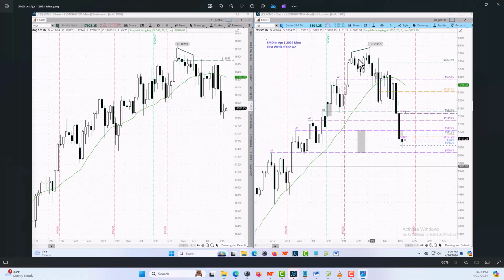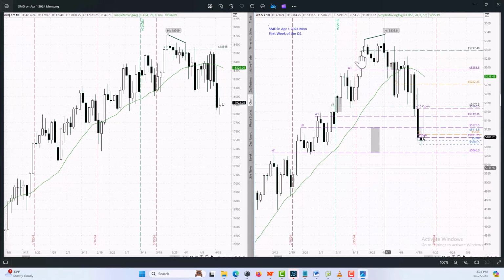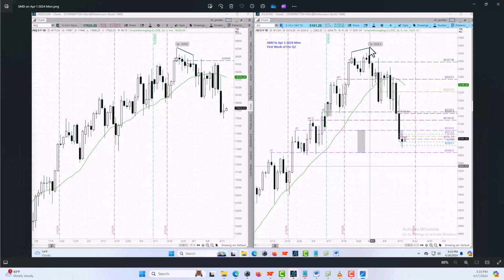So basically the ES made a higher high, but the NQ made a lower high. See that? We mark out the breakout level right there and it retests that.